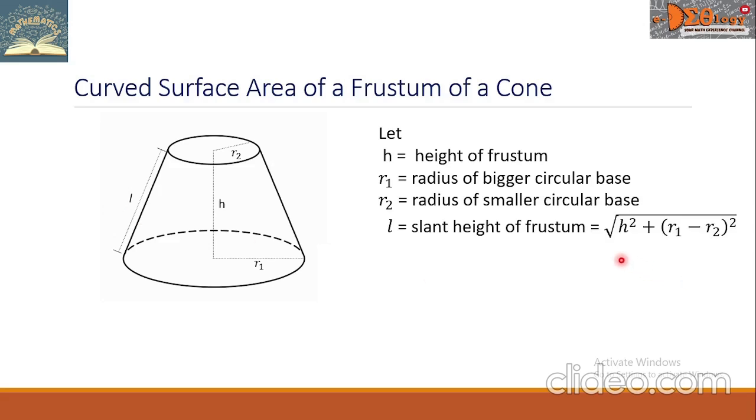And the formula is the square root of the quantity h squared plus the square of the difference r sub 1 minus r sub 2. Now for the curved surface area of frustum, the formula is pi times the quantity r sub 1 plus r sub 2, then times L.